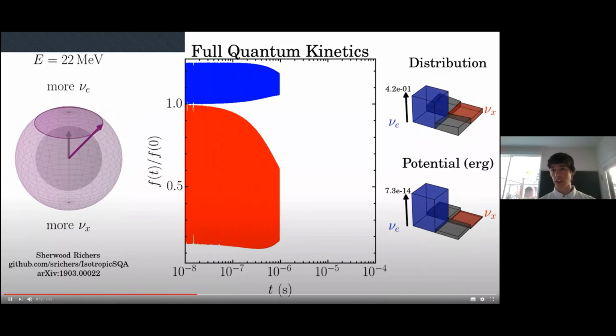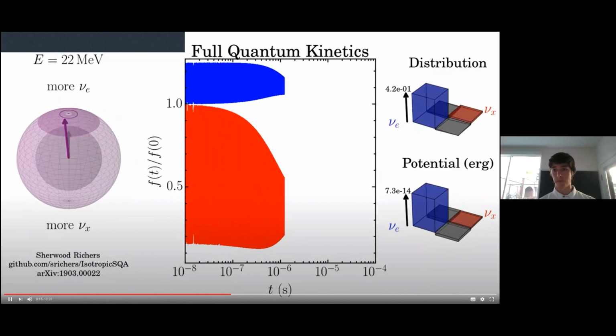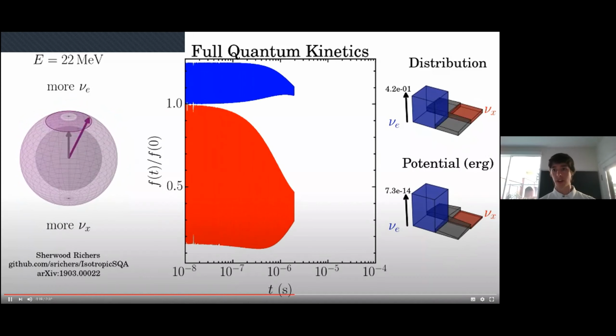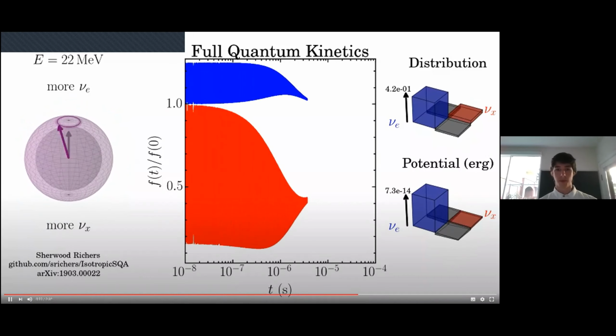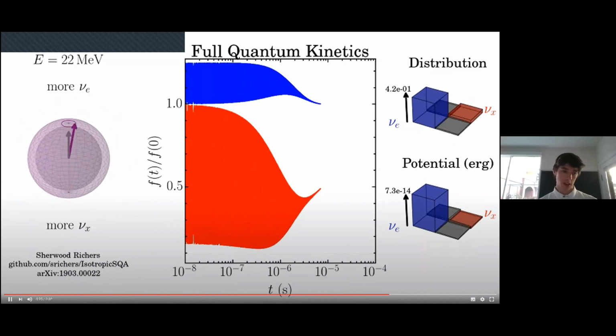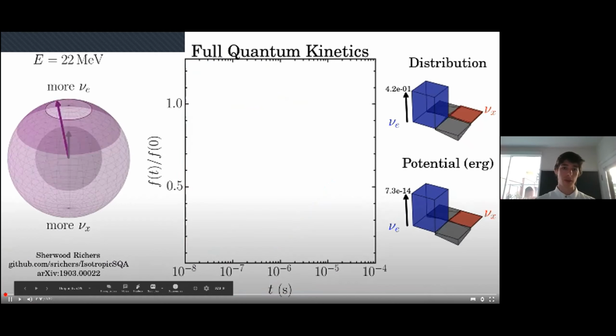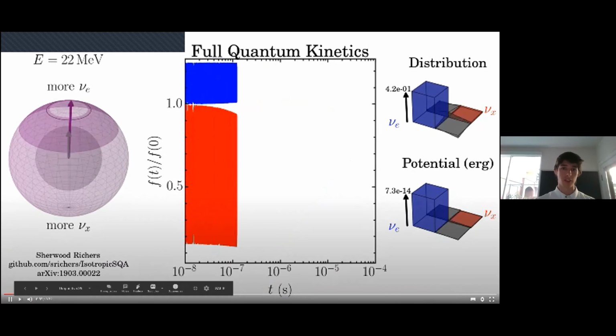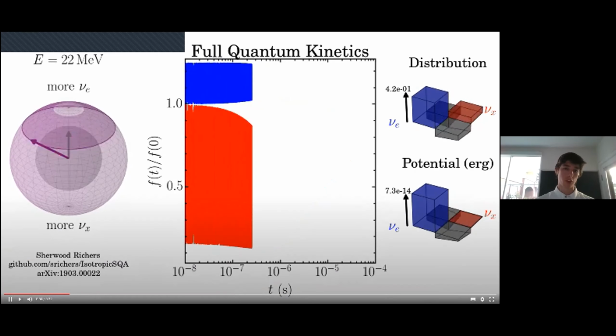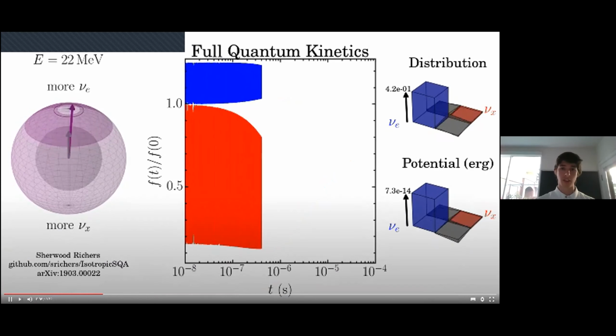This is the on-diagonal element that shows the number of muon neutrinos. And these wings on the side are the off-diagonal elements that show the quantum mixing between the two flavors. And you see that in the center, there are these rapid oscillations. It's just a line being drawn that completely fills in the space. So that's the flavor oscillations occurring at these picosecond timescales.